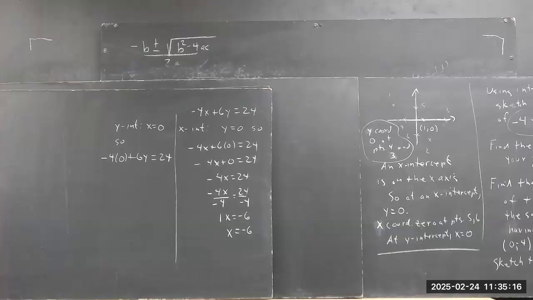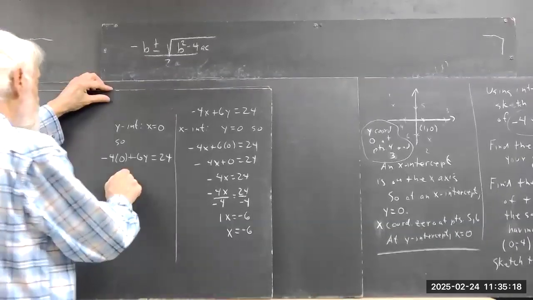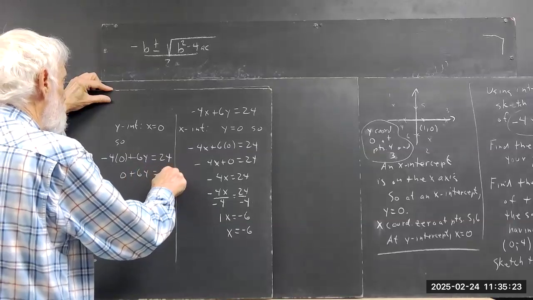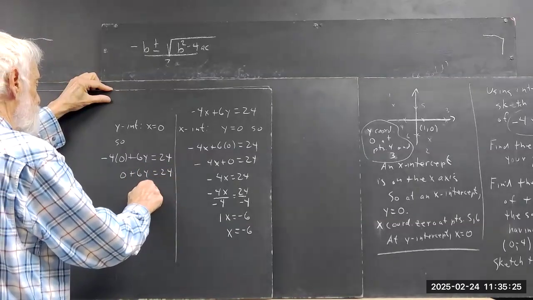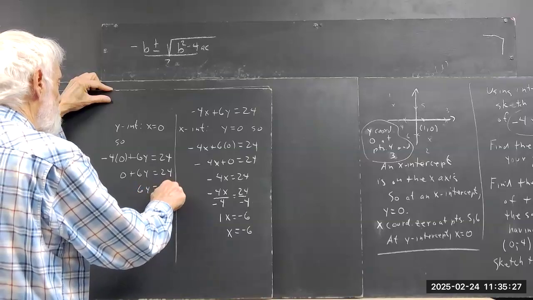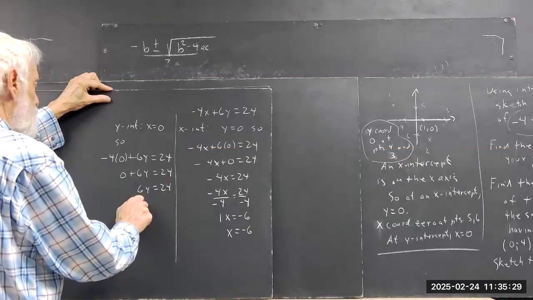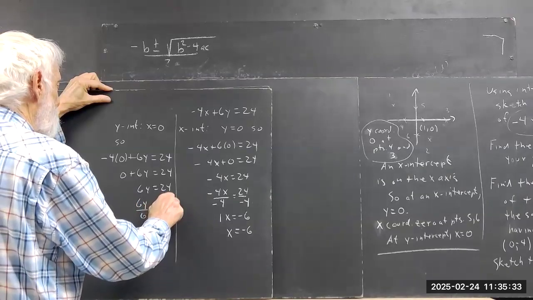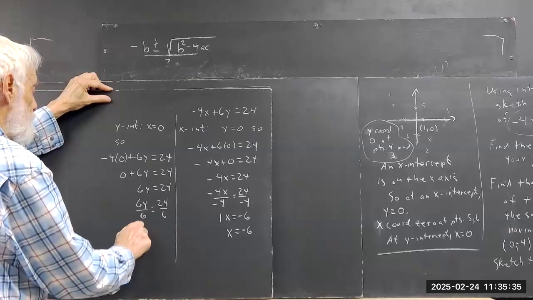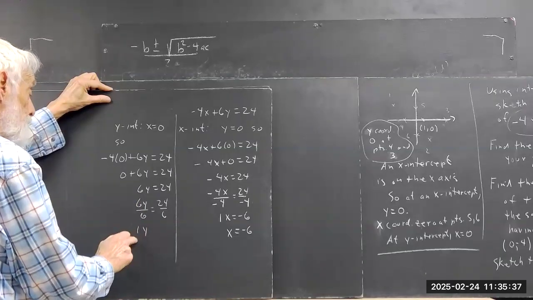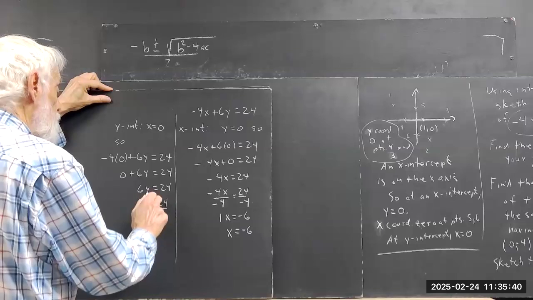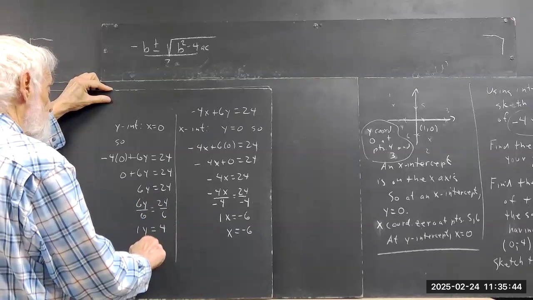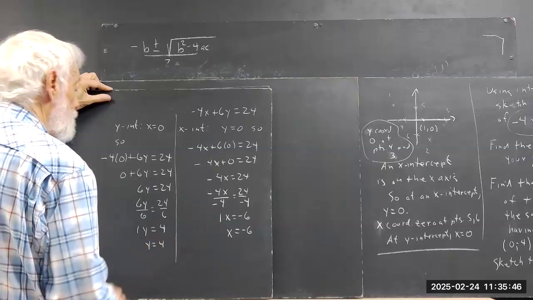And that gives us 0 plus 6y equals 24, which gives us 6y equals 24. And then we can simply divide 6y by 6 to give us 1y. 6 divided by 6 is 1, equals 24 divided by 6 is 4. So that y equals 4.